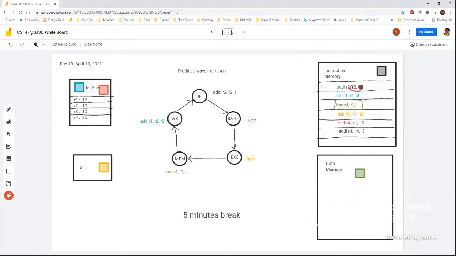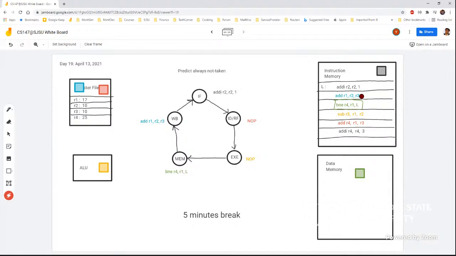R2 equals R2 plus 1. So some value is being changed in R2, and that data is being consumed at this instruction, right? Add R1, R2, R3. That means this instruction is expecting the updated value of R2 from the previous instruction. So this instruction is my data generator and this instruction is my data consumer.